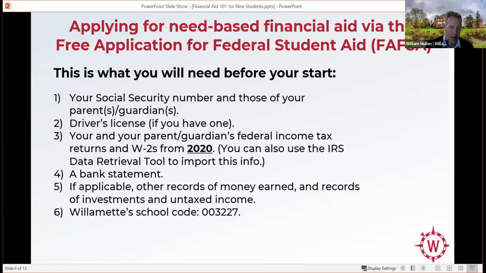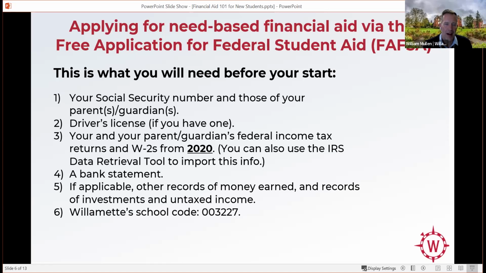The federal government uses the social security number as the student ID number to connect their application and enrollment with their financial aid. I wish they had another methodology for this, but this is what they're currently using, and they've been using this forever. They will ask you for your driver's license number if you've got one.